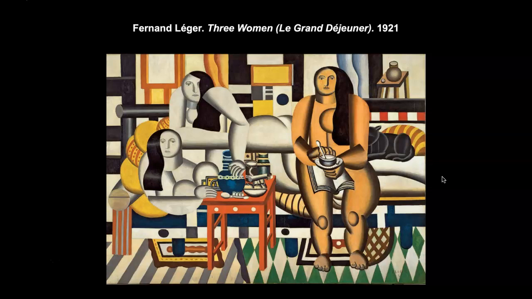We see circles, we see ovals. All their surroundings are also abstracted into shapes, from the carpet on the floor, that's abstracted into triangles, to the stripes over here, to the couch that they're sitting on that's been abstracted into these cylinders. He also, you notice, likes to use primary colors.